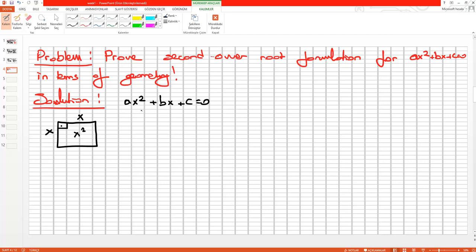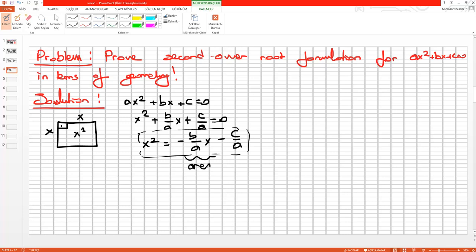And so if we have this information, we can convert this equation to x² + (b/a)x + c/a = 0, right? And so this x square must be equal to the minus (b/a)x minus c/a, right? This is the first equation. And so how can we derive any other terms here? Because it's an area form, and it must be an area form, right?